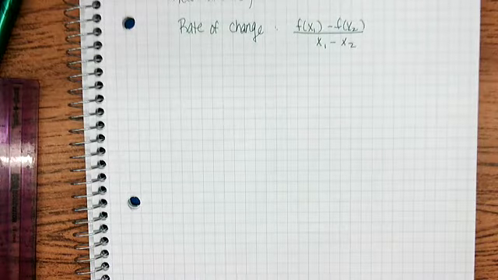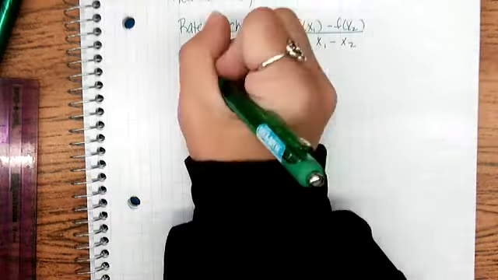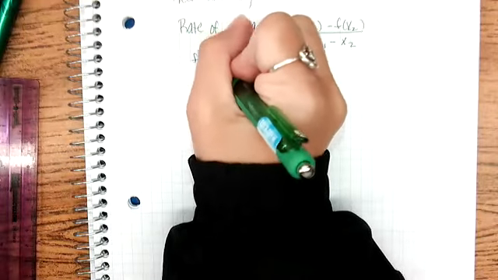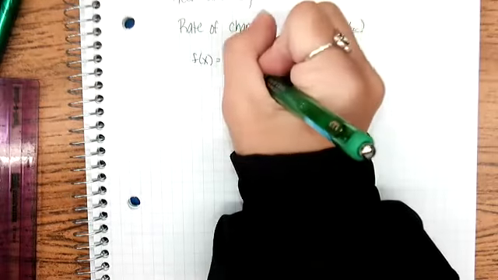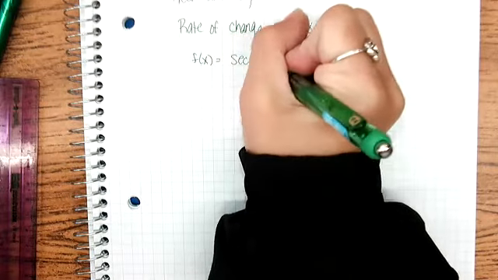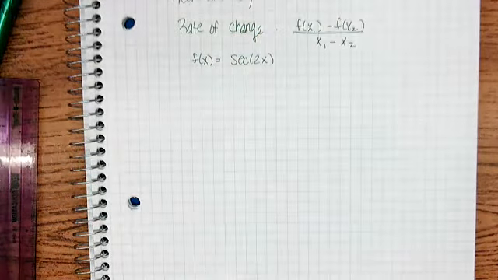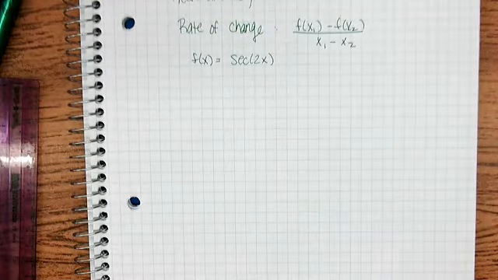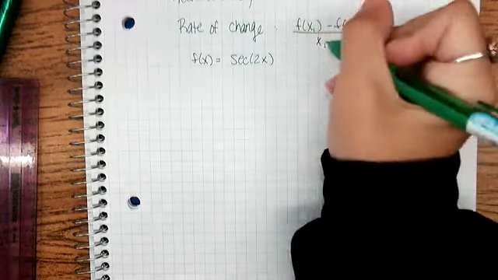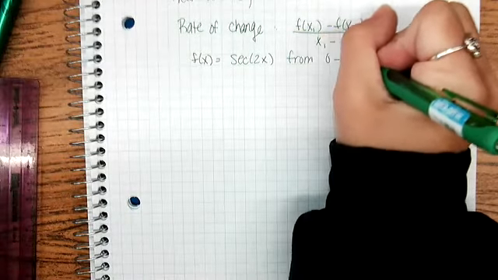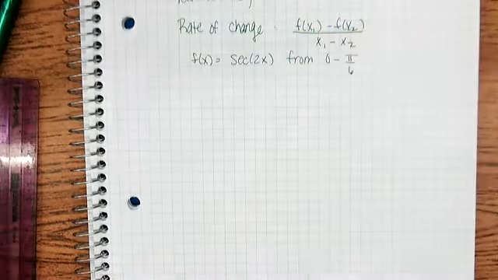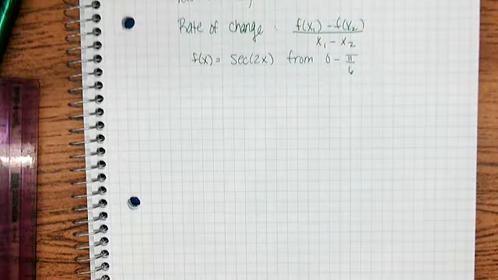So let's find the rate of change. The f of x is equal to the secant of 2x. That's my function. And I want to find the rate of change from 0 to pi over 6.